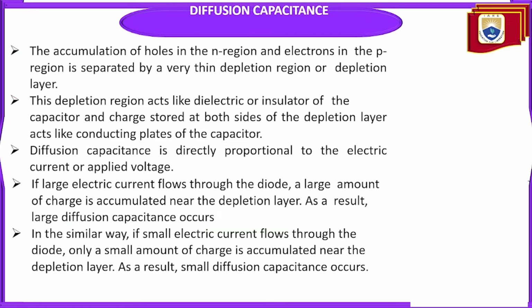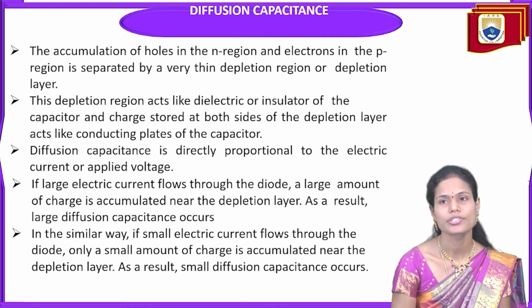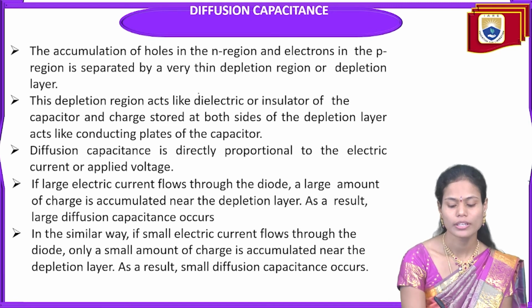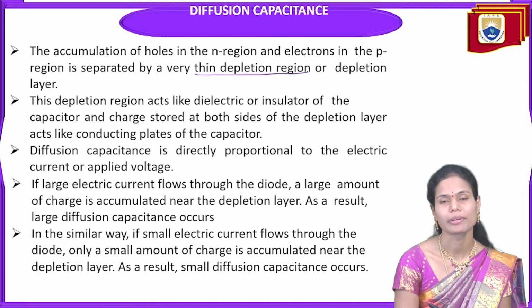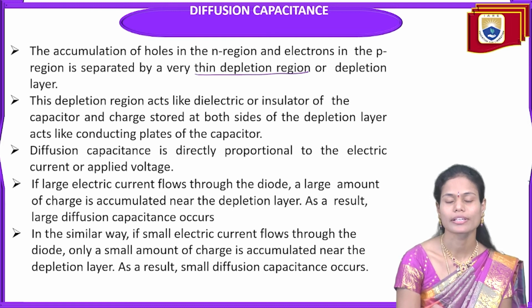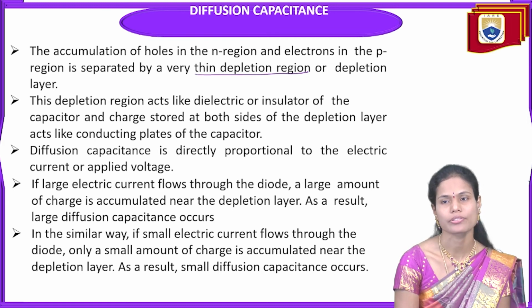Okay, so here what happens is the accumulation of holes in the N region and electrons in the P region is separated by a very thin layer, the depletion region or depletion layer here. This thin depletion region acts like a dielectric material or insulator of the capacitor, and the charge stored at both sides of the depletion region acts like the conducting plates of the capacitor here.